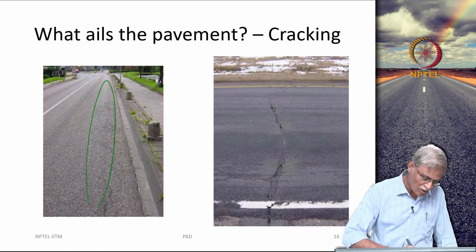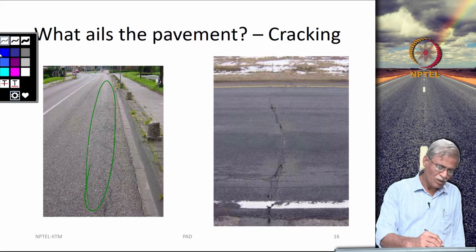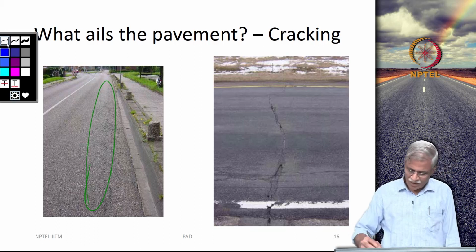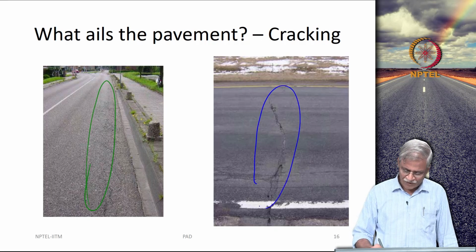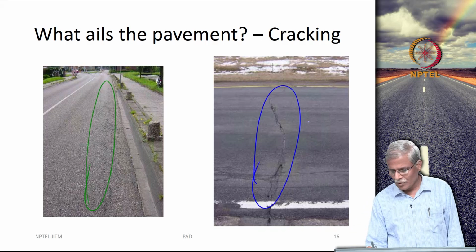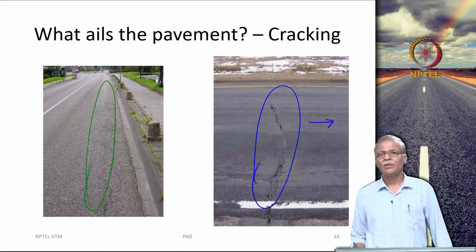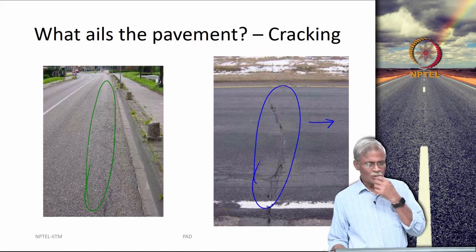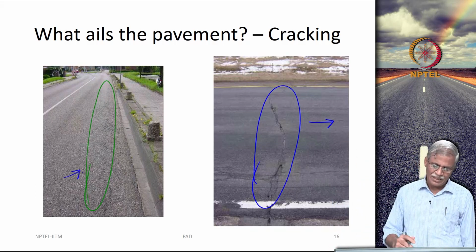Now, these are the failures that are going to be a problem for you. So, this is your traffic direction. You are going to see what is really called, on this right hand side, low temperature cracking, and what you see here is the fatigue cracking.